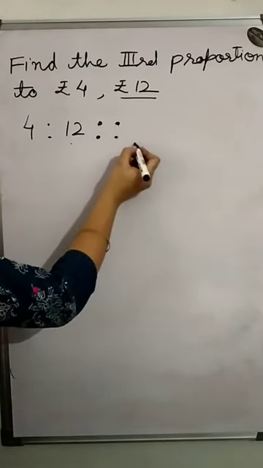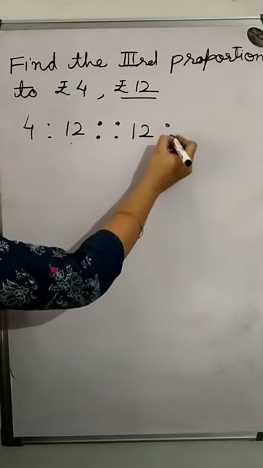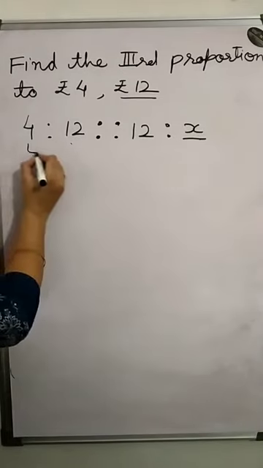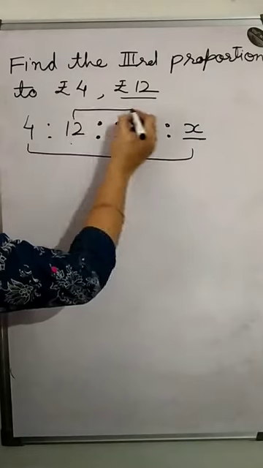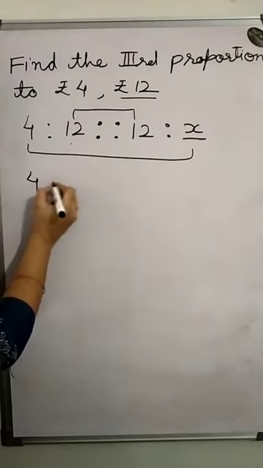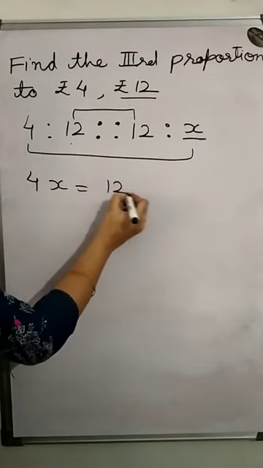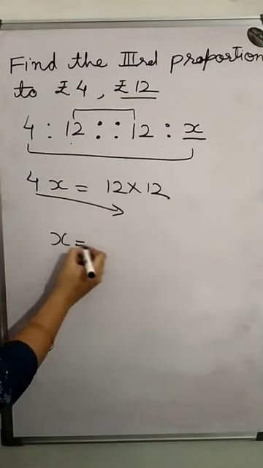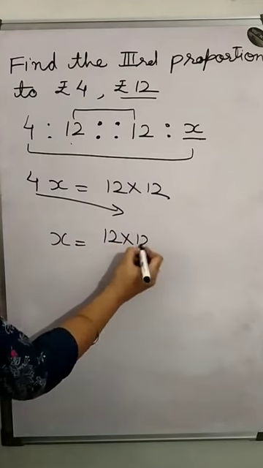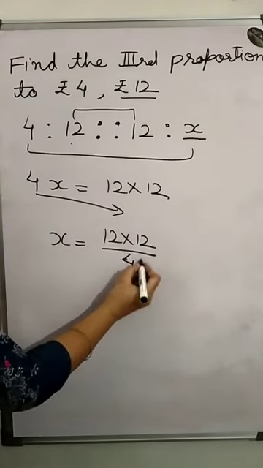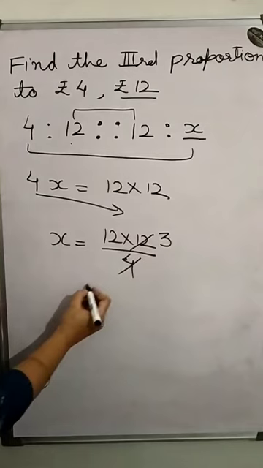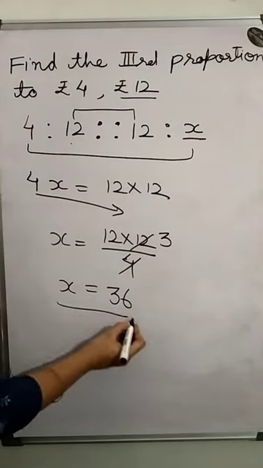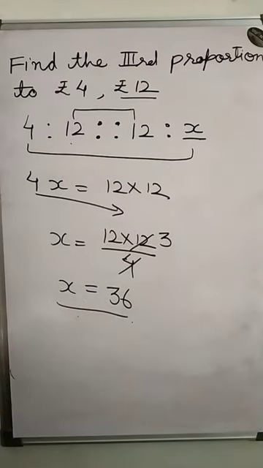Repeat this number 12, and then for the last one you write down the third proportion. The middle term we repeated, and again the same formula, product of extremes equals product of means. 4x is equal to 12 into 12. So 4 goes to the denominator, x is equal to 12 multiplied by 12 upon 4, and 4 threes are 12, so 12 threes are 36. So the value of x is 36. In this way you can calculate all the answers.